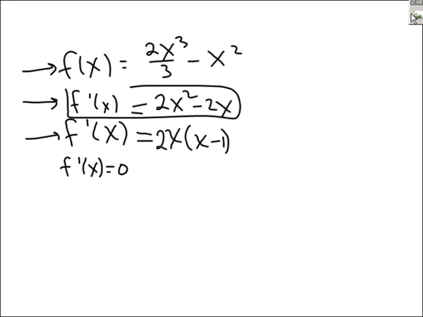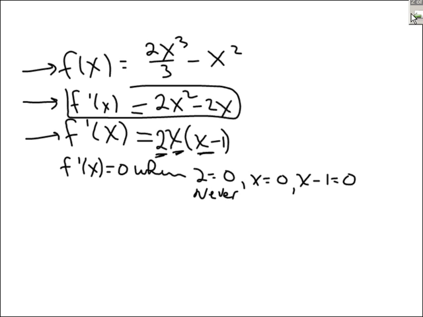f prime of x equals 0 when either 2 is 0, or x is 0, or x minus 1 is 0. Well, 2 equals 0, never. 2 is always equal to 2. x equals 0 means x equals 0. x minus 1 is 0 means x is 1.